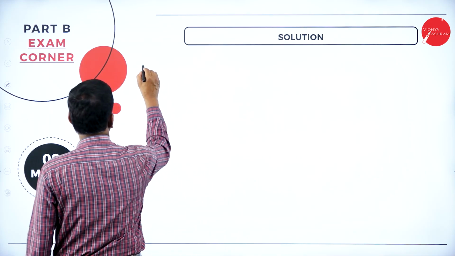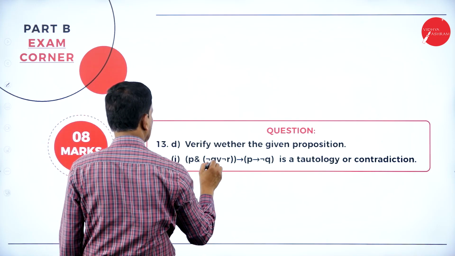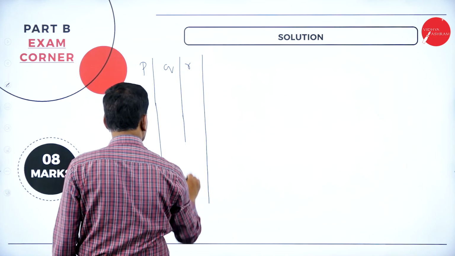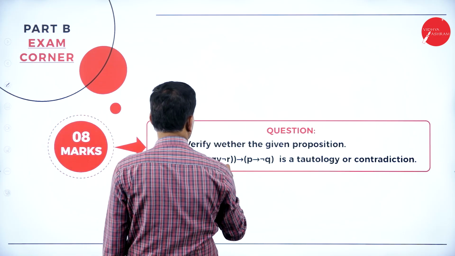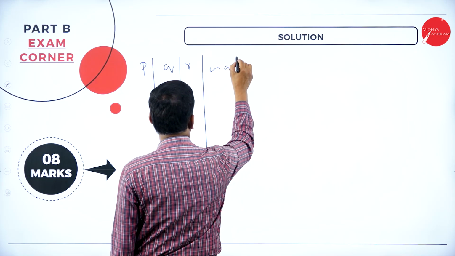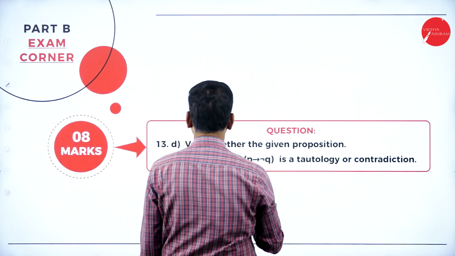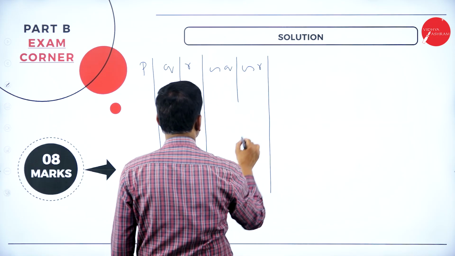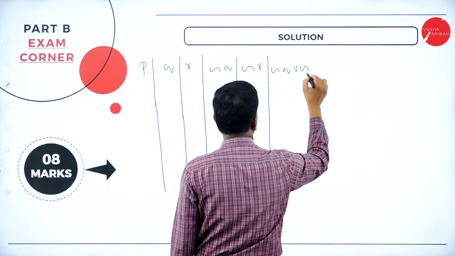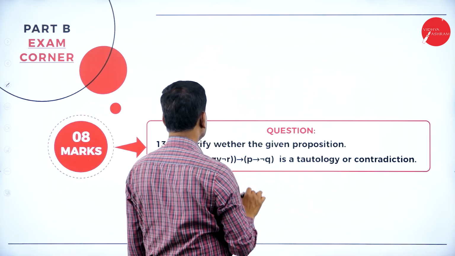First write down P, then Q, then R. Then write down negation Q, negation R. Then negation Q disjunction negation R.